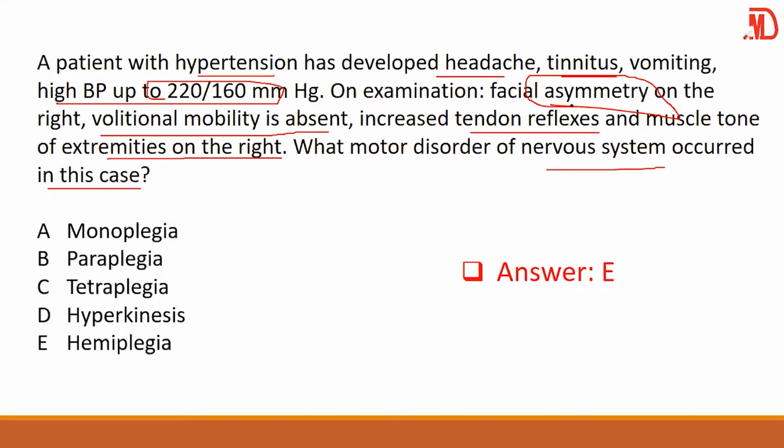But over here, we are talking about one side. So we call it hemiplegia. If we say volitional mobility is absent, we are referring to the inability to make a choice or to make decisions, and all these things are absent.